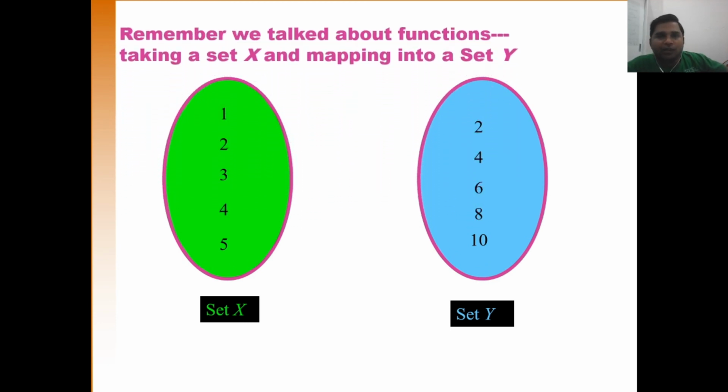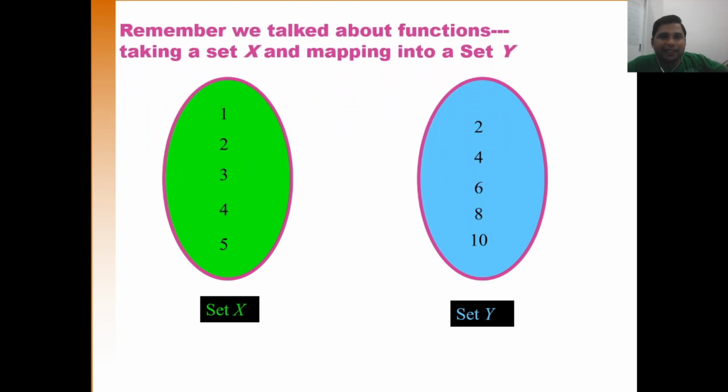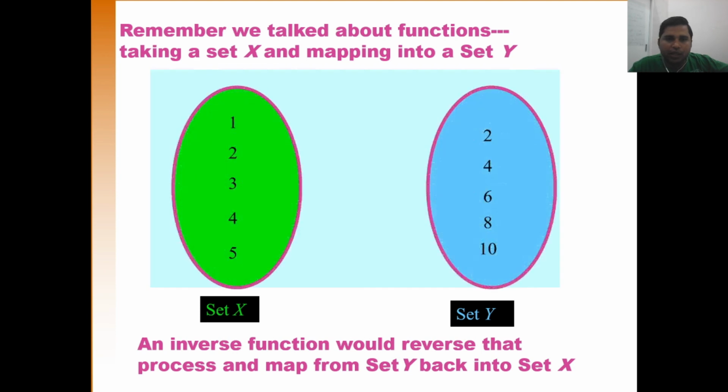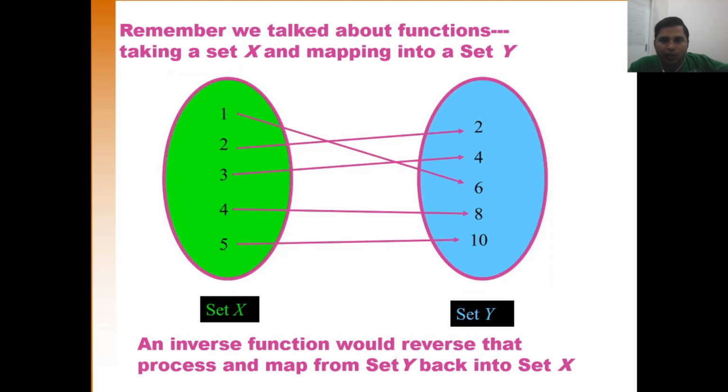Remember we talked about functions taking a set x and mapping into a set y. We have done this in the class. I explained the mapping diagram to you. So here 1 is mapped with 6, 2 is mapped with 2, 3 is mapped with 4, 4 is mapped with 8, and 5 is mapped with 10. An inverse function would reverse that process and map set y back into set x.